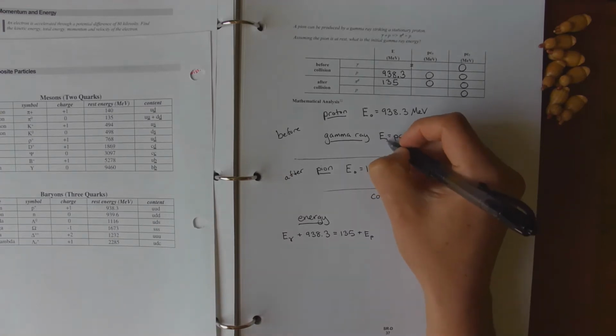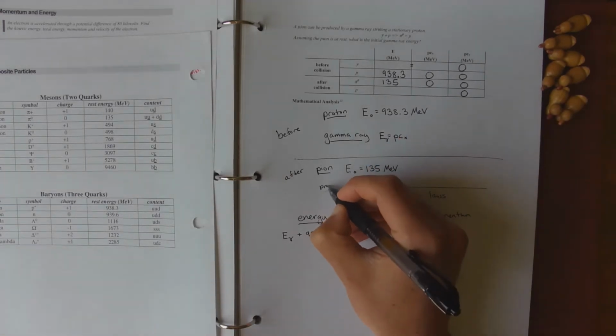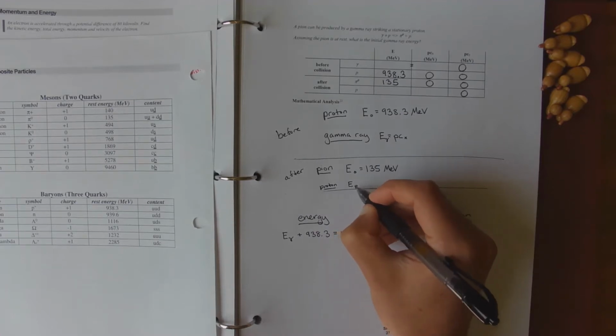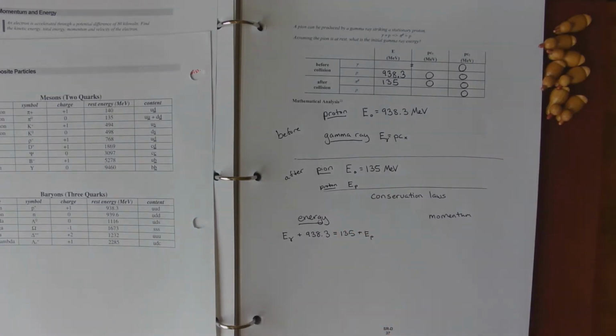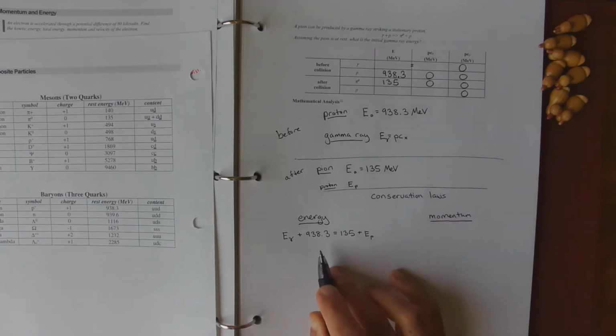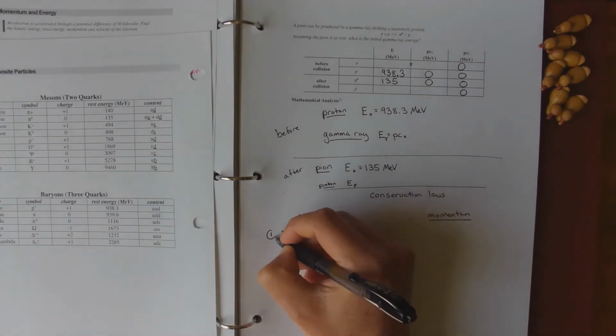Let's call this E gamma, and then for the proton we have E total, we'll call E sub P. That's after the collision, so the total energy is no longer equal to the rest energy. Okay, so we have one equation here and two unknowns.